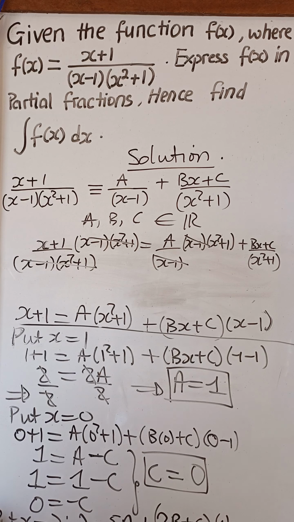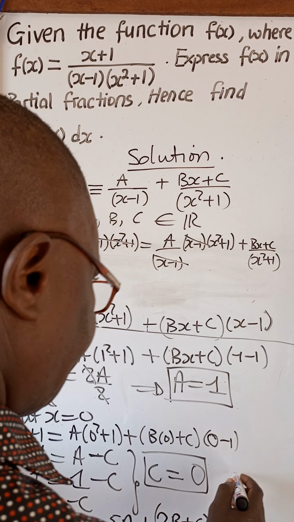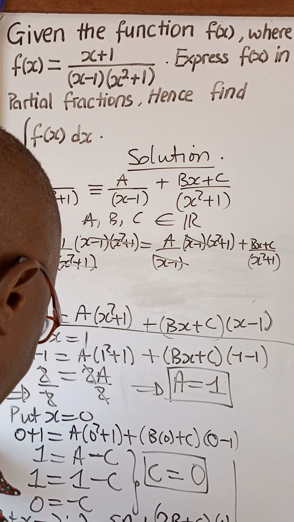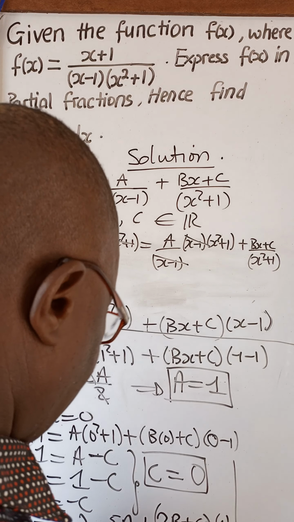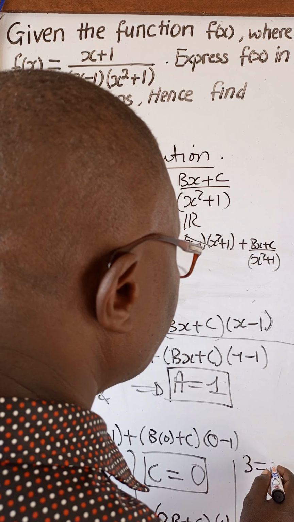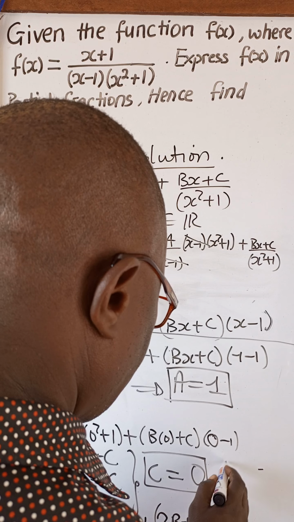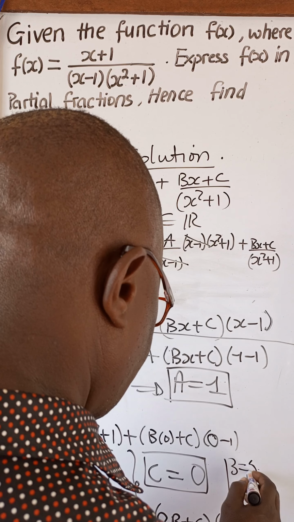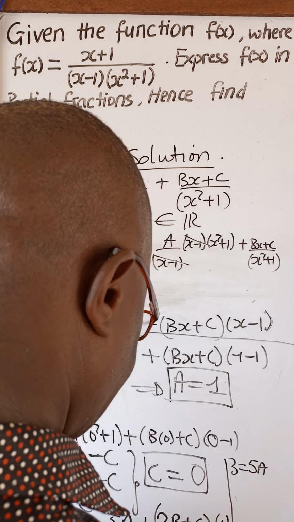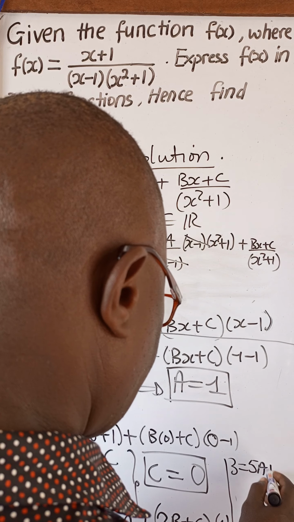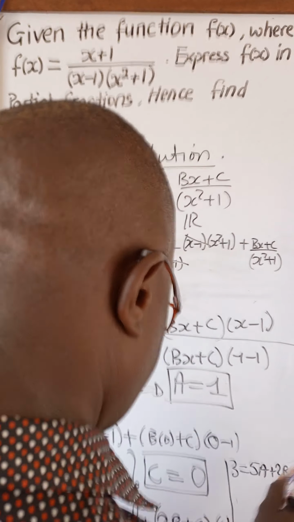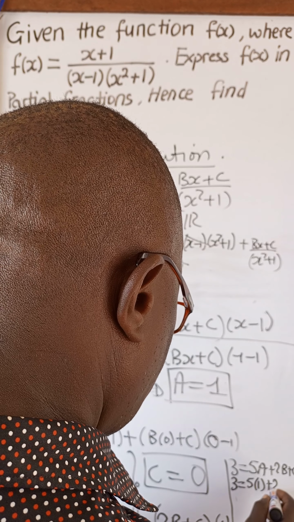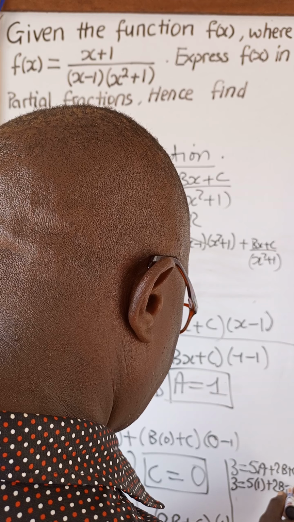And so from here we have 3 is equal to 5a plus 2b plus c.